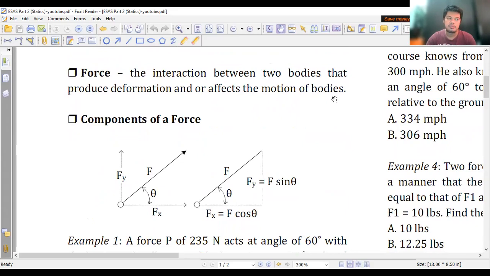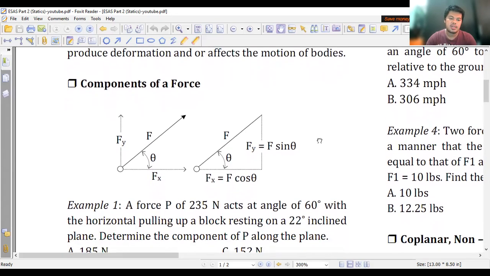If you can remember from your high school days, or perhaps the early engineering days, force is basically defined as a push or pull. But we can further define force as the interaction between two bodies that produces deformation and/or affects the motion of bodies.